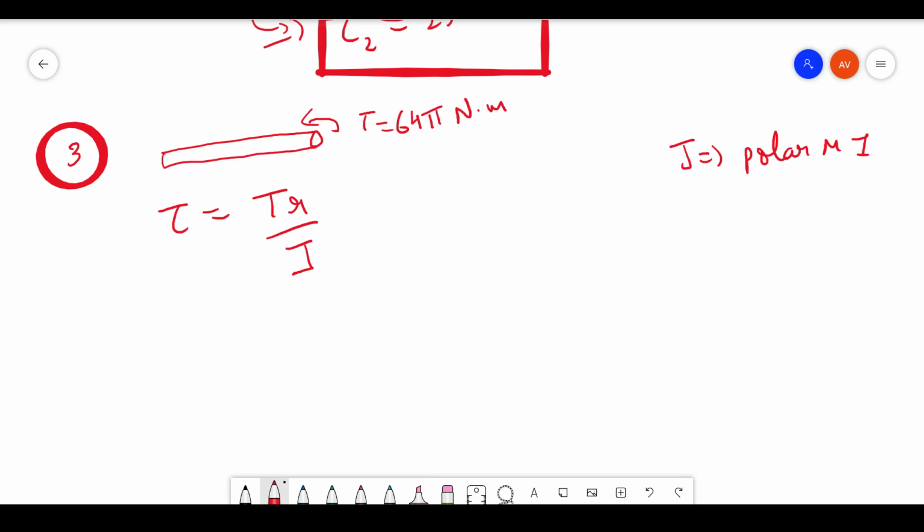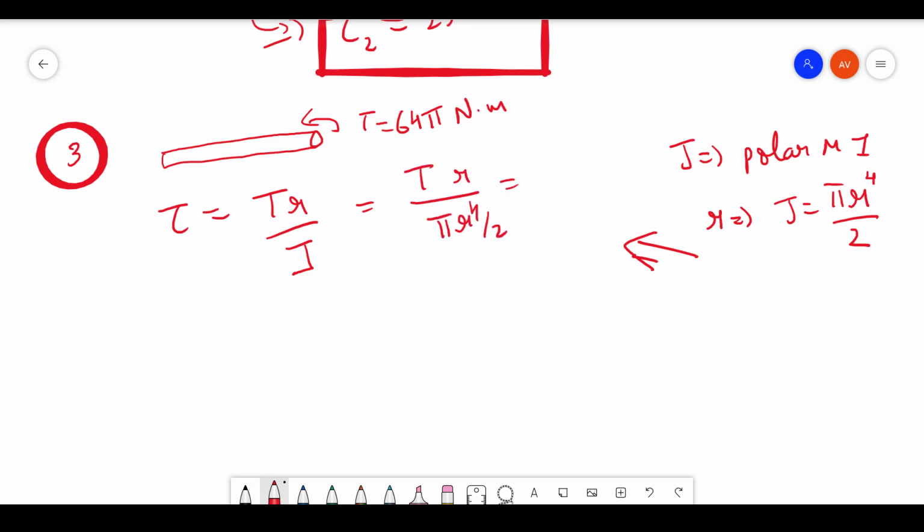If you have a rod with radius r, its J is given to be pi r raised to 4 by 2. Using this, what you get is T r by (pi r raised to 4 by 2), which is 2T by pi r cube.